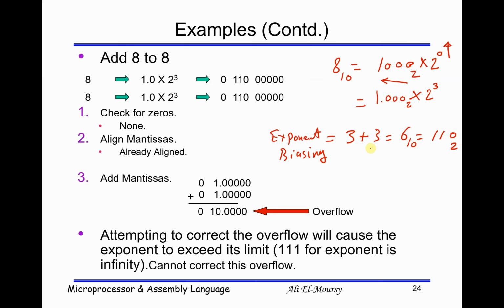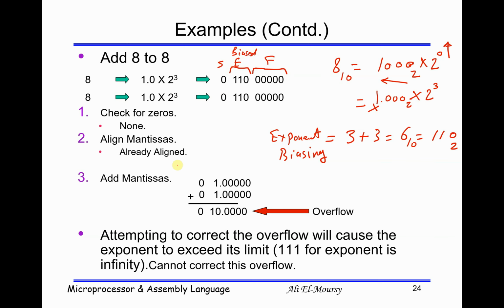So the exponent for each of the numbers would be 0 1 1, and after discarding this one I have the mantissa. So this is the fractional mantissa, and this is the biased exponent, and this is the sign.